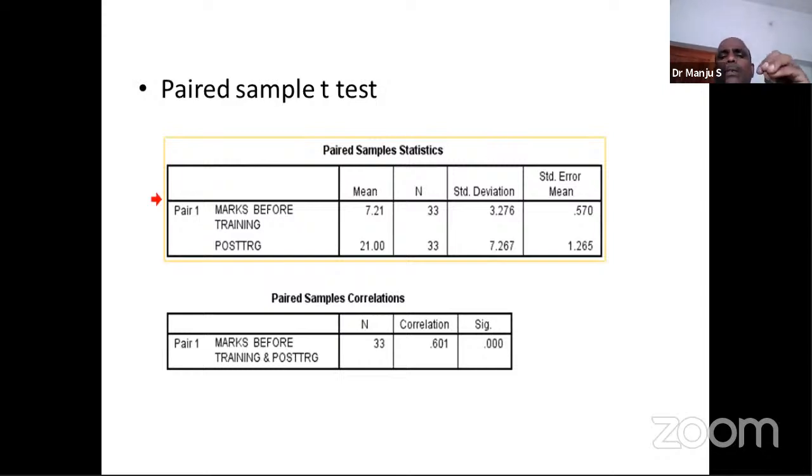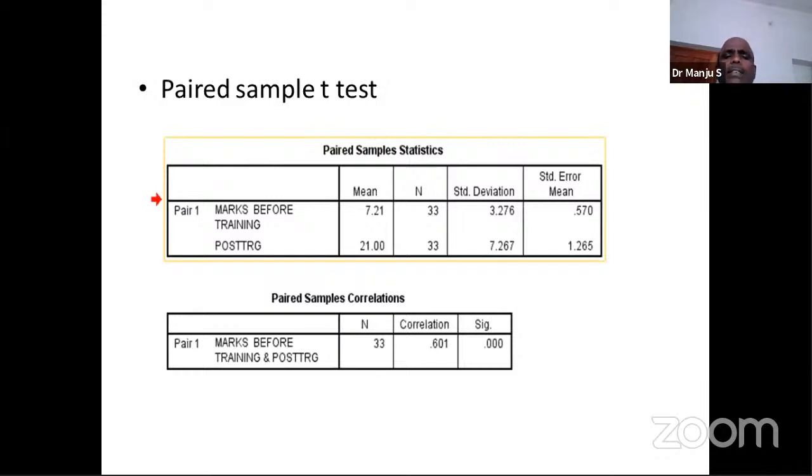Or you are studying a method of teaching: before introduction of that method, what was the performance of the students, and what is their performance after attending it? In this case, we perform the paired sample t-test.